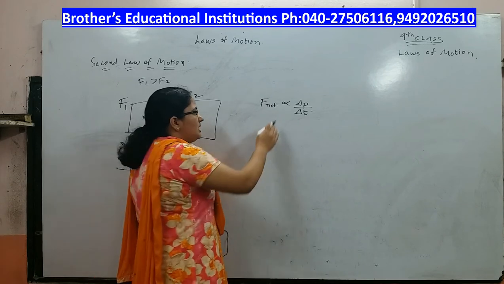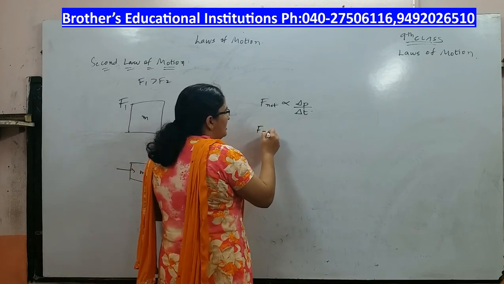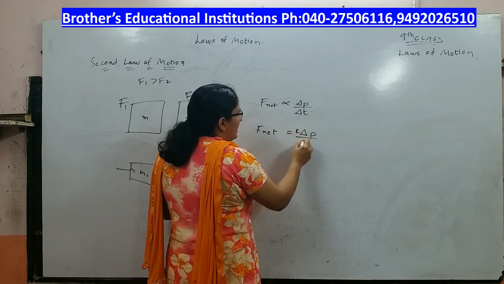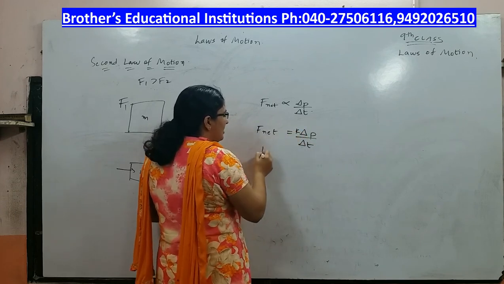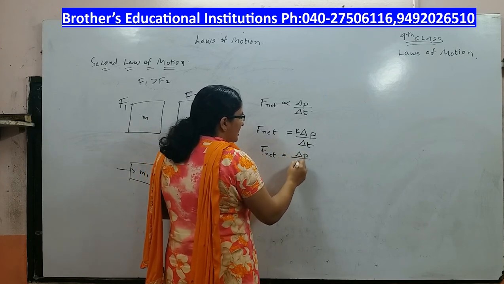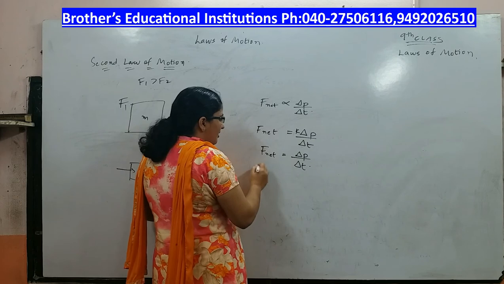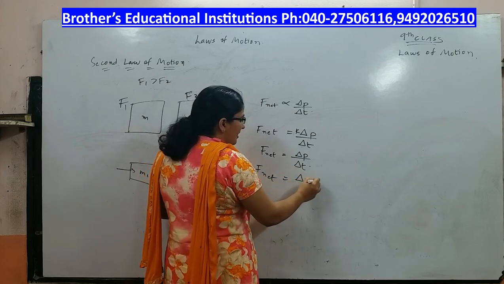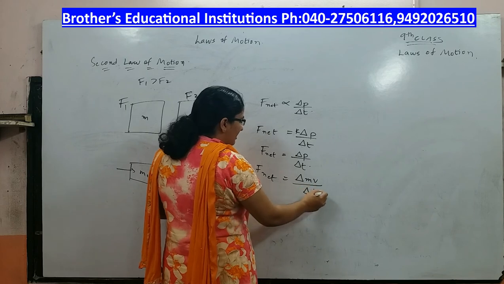Now remove this proportionality symbol and keep a constant K: F net is proportional to delta P by delta t. Suppose this K becomes 1, then F net is equal to delta P by delta t, which is delta mv by delta t.